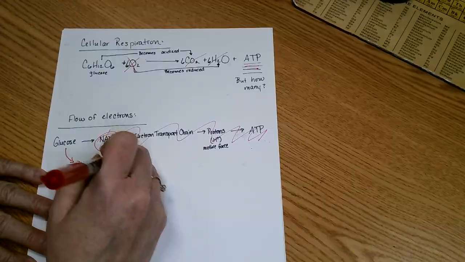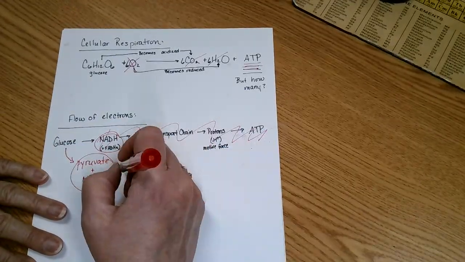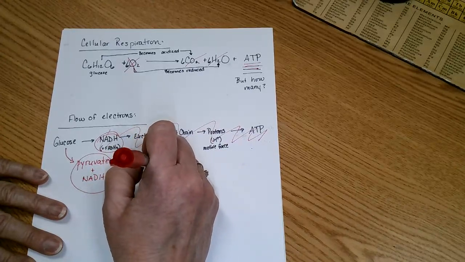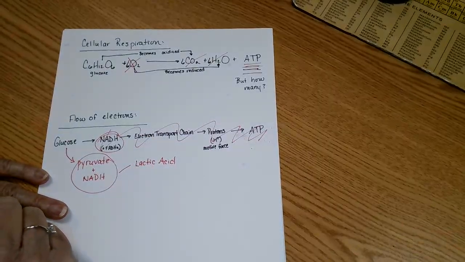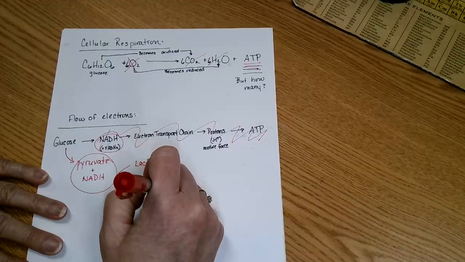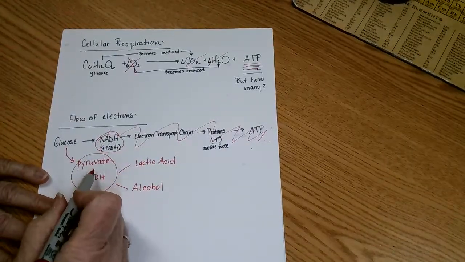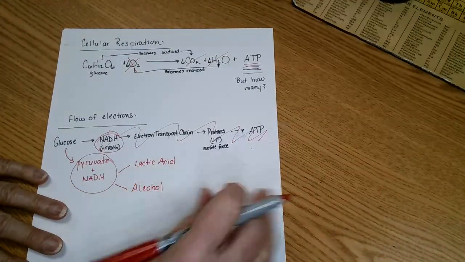Pyruvate and NADs are going to make a whole other compound, or one of two compounds. It's either going to be what we call lactic acid fermentation or anaerobic respiration, or it's going to be alcohol fermentation, okay? When pyruvate connects with NADs, it's either going to form lactic acid or alcohol.